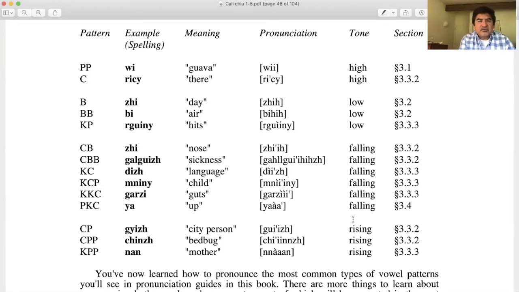It is more important in terms of learning Zapotec, since the tone is really important. So just try the best you can to emulate what I'm saying.